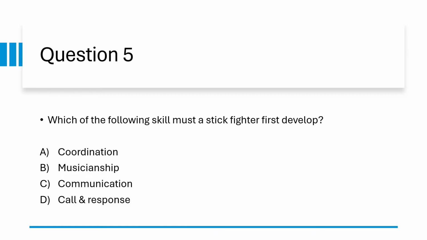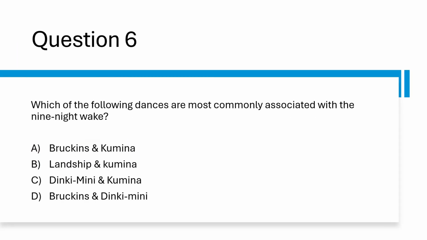And so the most likely response here would be A, that the stick fighter must develop coordination so they know how to navigate or handle themselves in the ring, or in the guile, if you want us to use that term. All right, let's jump to number 6.